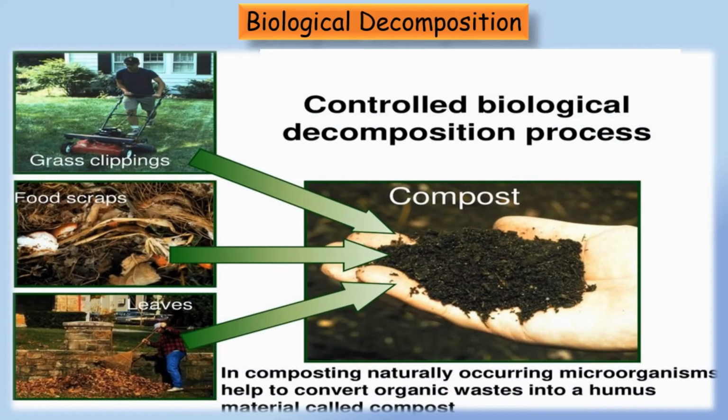Many degradation processes take place in the nature surrounding us. Organic waste is decomposed by microorganisms and as a result manure and biogas are formed. Organic waste is the waste obtained from plants and animals.